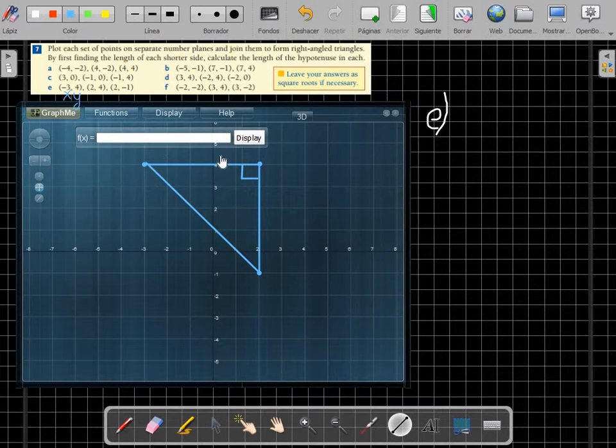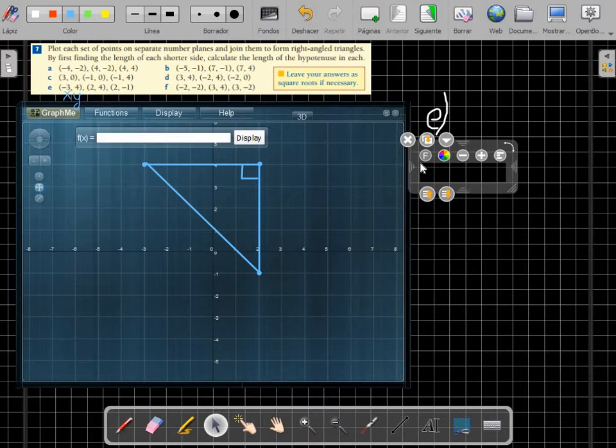Remember that the shortest sides of the right triangle are called legs in English. And here one leg is 1, 2, 3, 4, 5 units long, and the other one is 1, 2, 3, 4, 5 units long. And how can we calculate the hypotenuse?